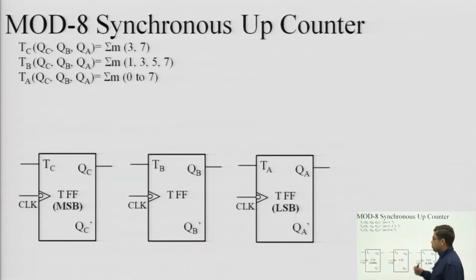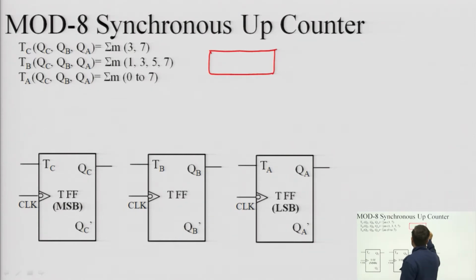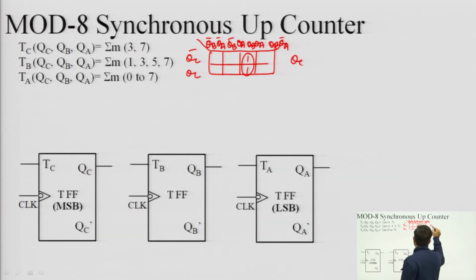Now these minterms will be converted into K maps using the 3 variable K map structure, with QC bar, QC, QB, QA and their complements, and cells 0 to 7. The first K map is for TC equal to QB QA.